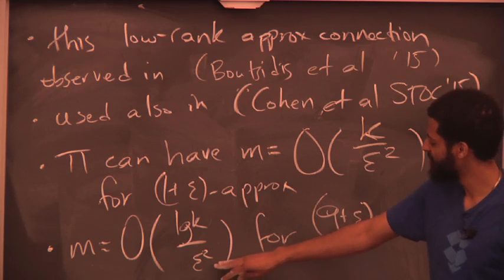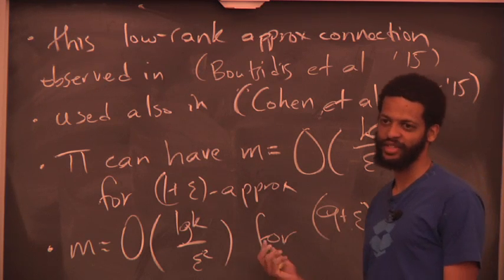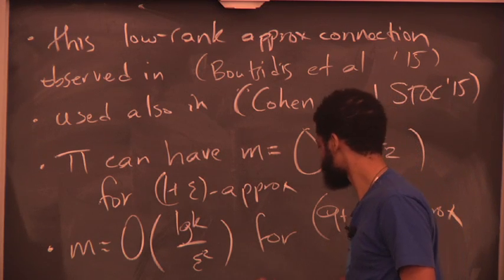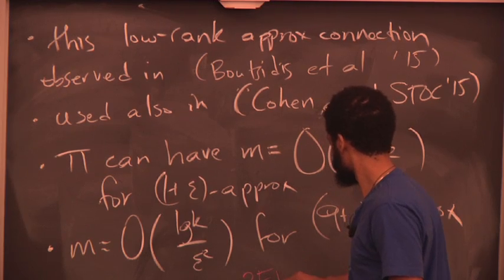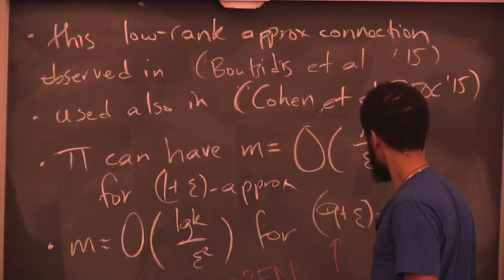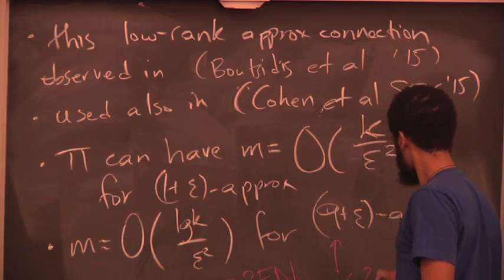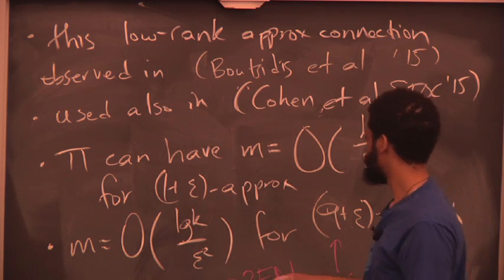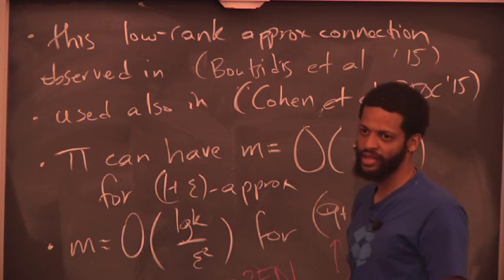So you can get arbitrarily close to a 9 approximation. So there's an open question. Conceivably, that's possible.